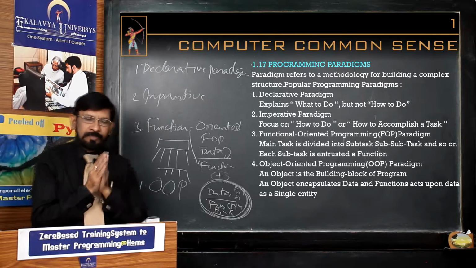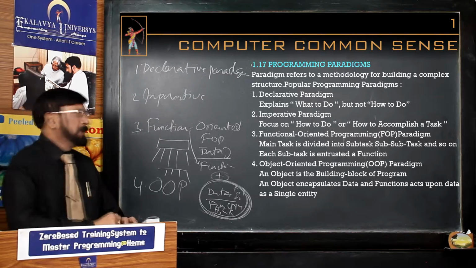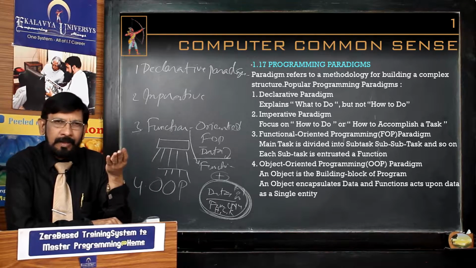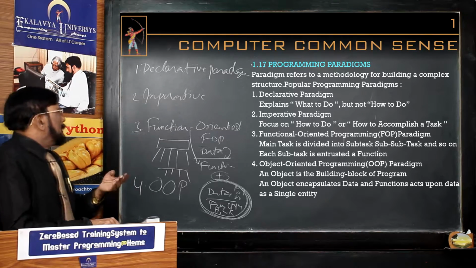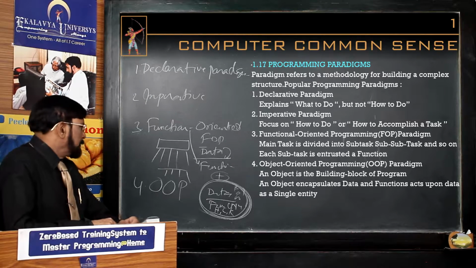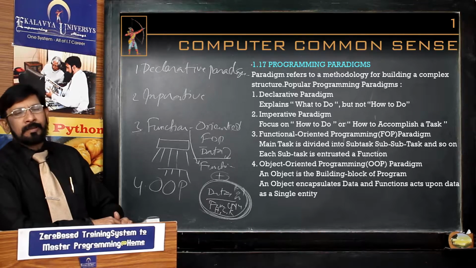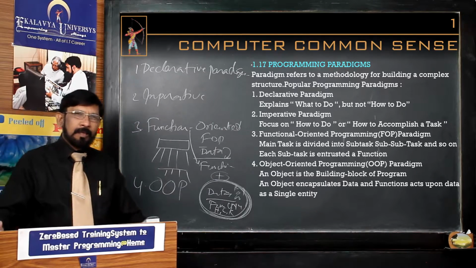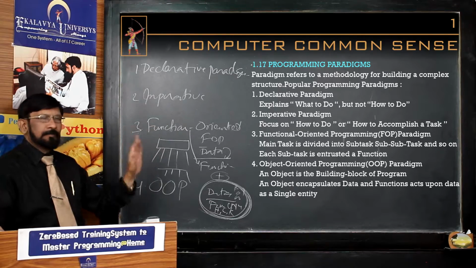So, in this chapter, mainly I am focusing on these 4 paradigms: declarative paradigm, imperative paradigm, function-oriented programming paradigm, and object-oriented programming paradigm. Actually, one thing I want to suggest, don't limit yourself to whatever I have given.